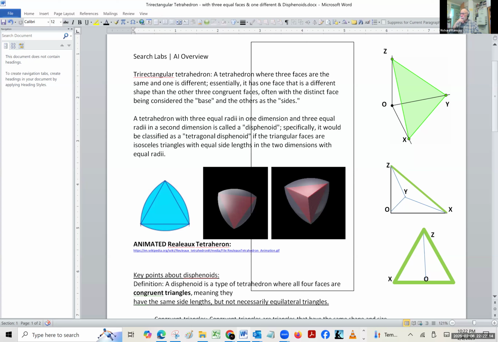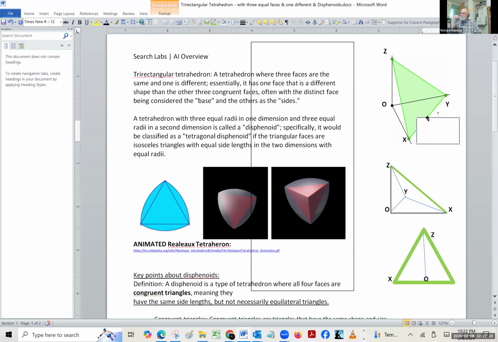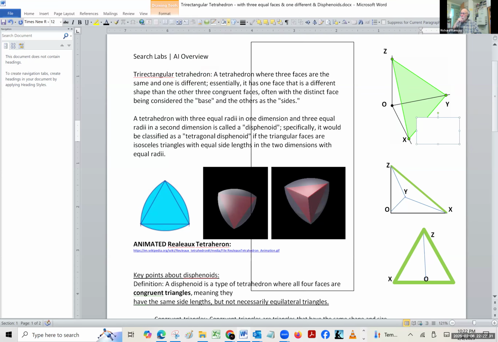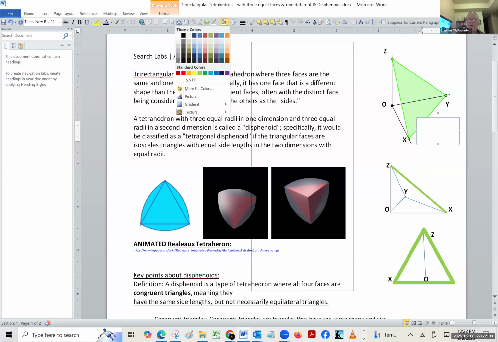It doesn't take much to be able to see that that's an irregular tetrahedron, or the tri-rectangular. To coin a phrase, right? Having learned something, we don't want to unlearn it too quickly.